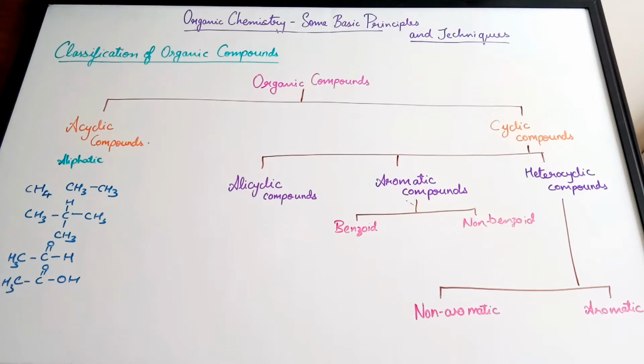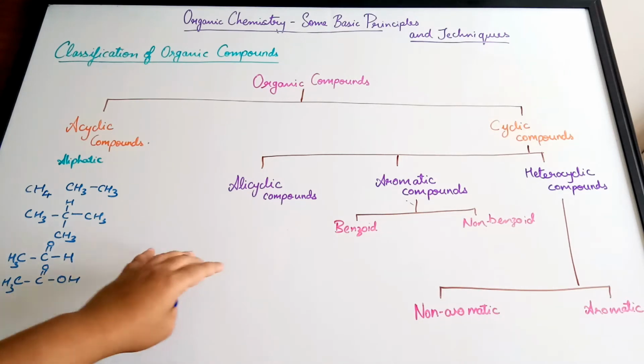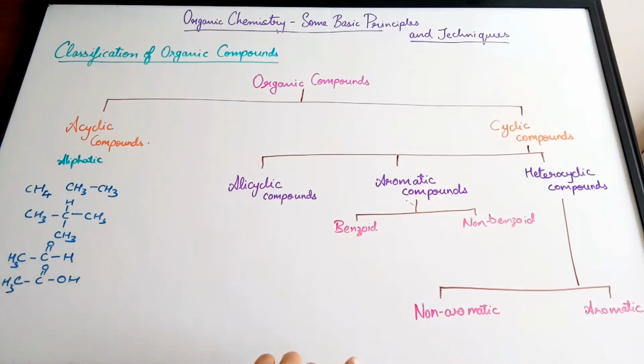Cyclic compounds, on the other hand, are ringed, which means they form a ring, which means they're closed chain. They are further classified into alicyclic, aromatic, and heterocyclic.